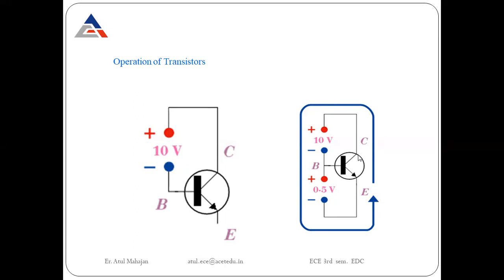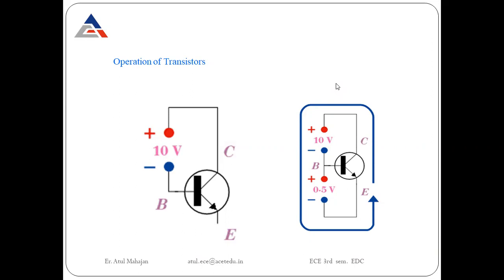And when the collector-base is reverse biased, that means the charge of the particles and the biasing voltage provided to them are opposite to each other, because in an NPN transistor the electrons are majority carriers with a negative charge, and the potential provided to them is positive. So negative and positive get attracted towards each other. Strong attractive forces are created at the collector junction, which will collect all the charged particles.